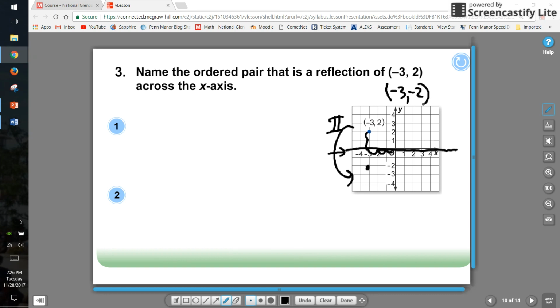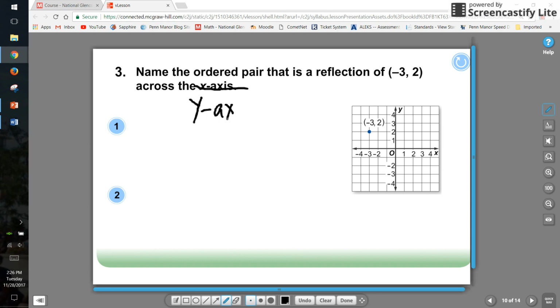Let me just show you what that means too. What if the problem asked me to reflect across, instead of the x-axis, the y-axis? In our last example, we looked at the x-axis and reflected across it like it was a mirror. But this time, we're looking at the y-axis.